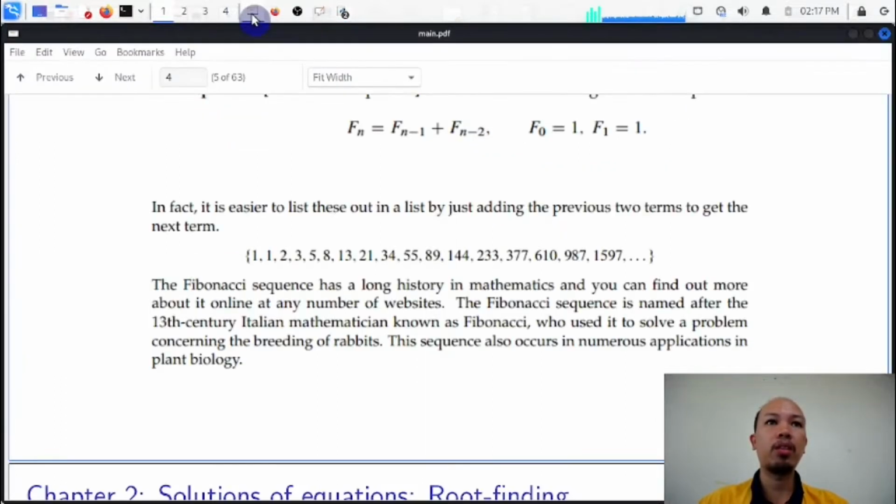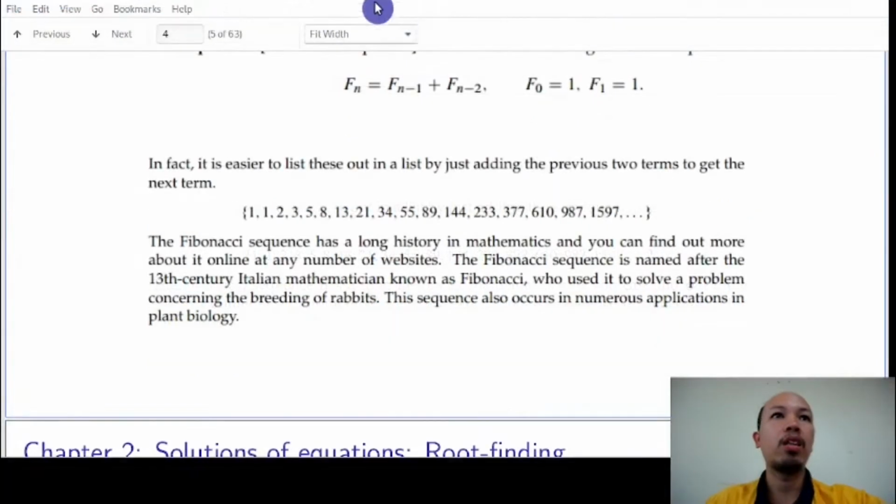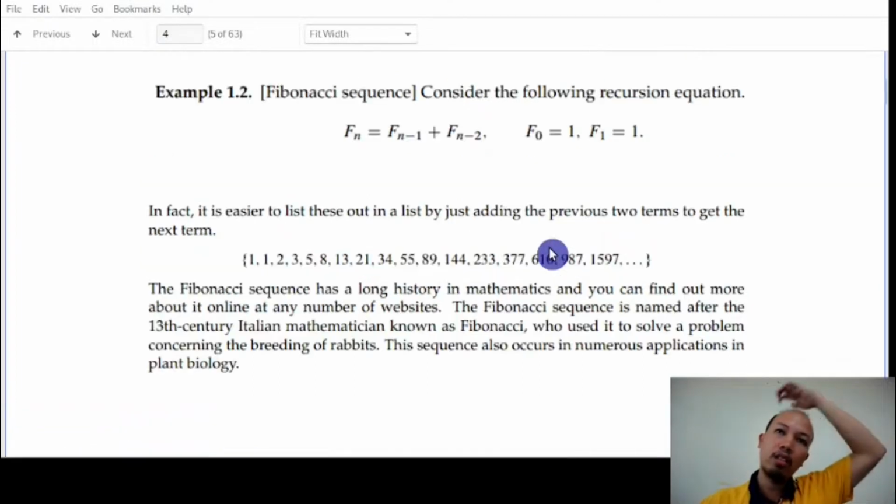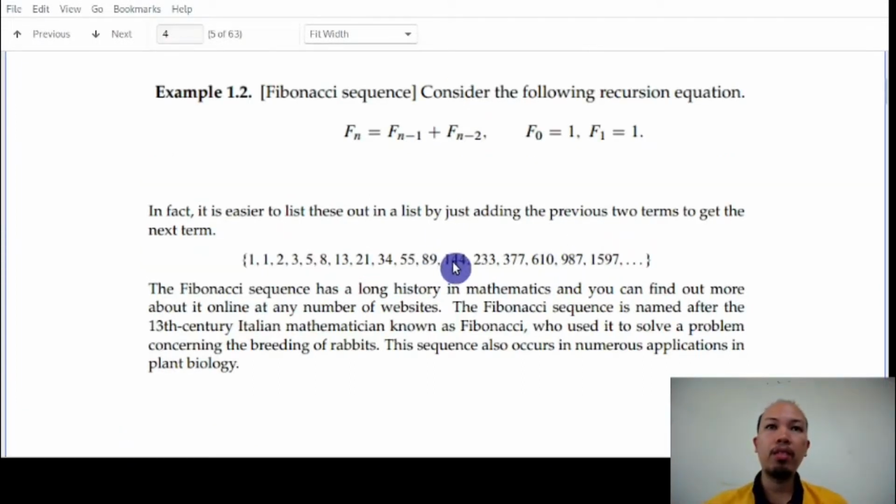I'm sorry, I think I wasn't able to show you in the PDF. As I've said once again, there are books where it will start at 0 and then the next term is 1. In the code that I've shown you, it starts at 0 and the second term is 1, but here in example 1.2, it starts at 1 and then the second term is 1.